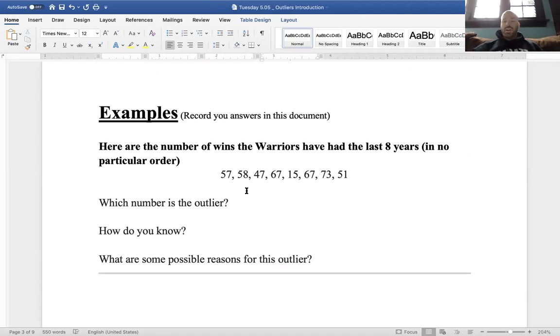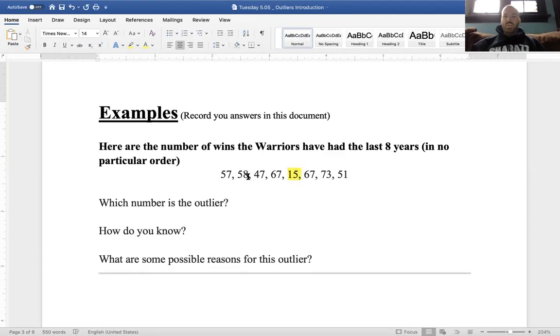So I'm trying to figure out which number is nowhere near any of the other numbers in this data set. And the one that sticks out to me is 15. We're in the 50s, we're almost at 50 in the 40s, 60s, 60s, 70s, 50s, and then 15. 15 is nowhere near these other numbers, okay? It's way lower than all the other numbers.